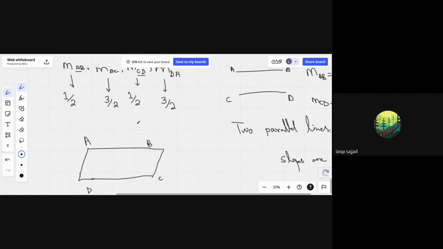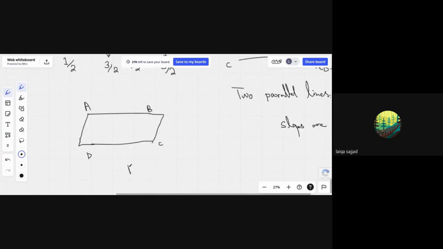So what do we mean by that? We can write that AB is parallel to CD and BC is parallel to AD.